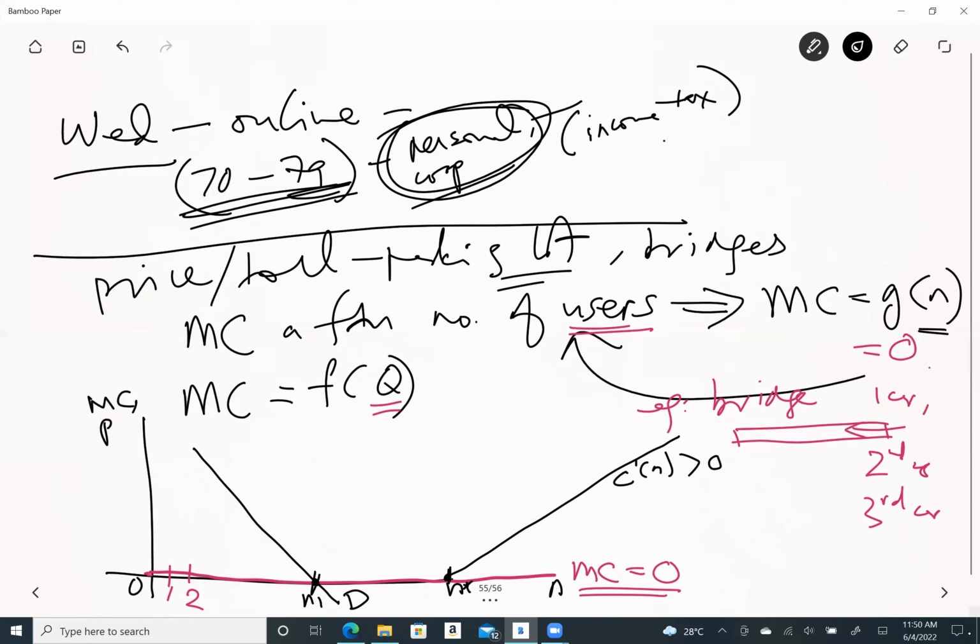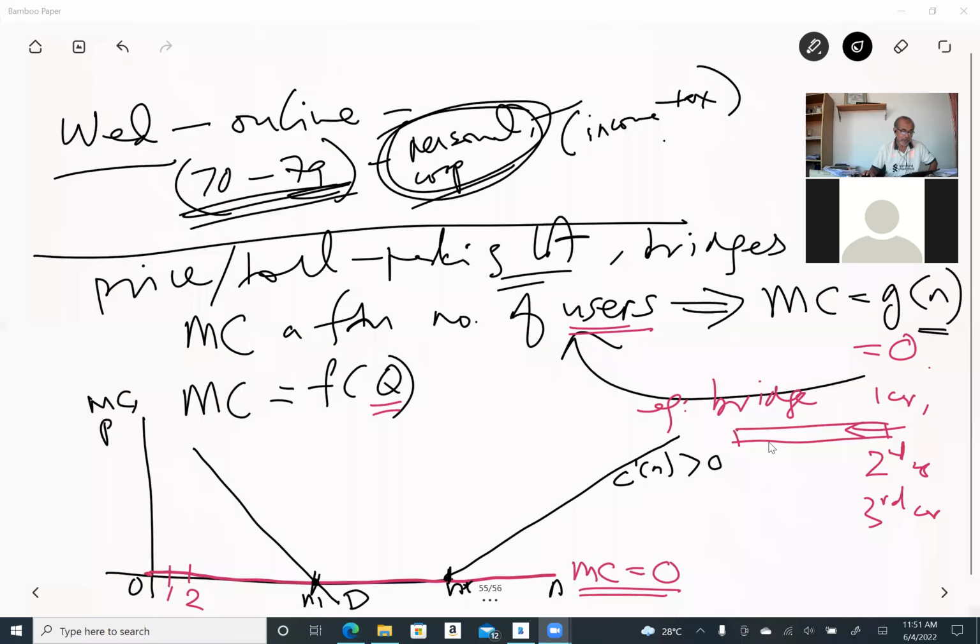Now, is this the best that we can do? Is this efficient? N1. Can you see the screen or not? I have to share. Take a look. Okay, all right.